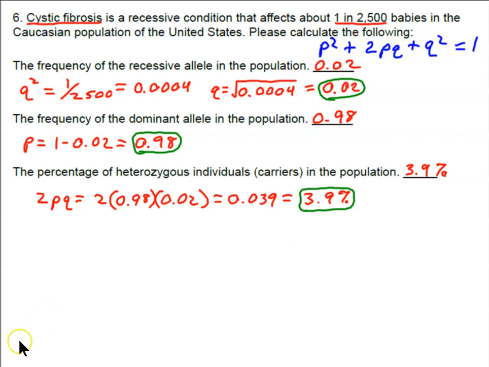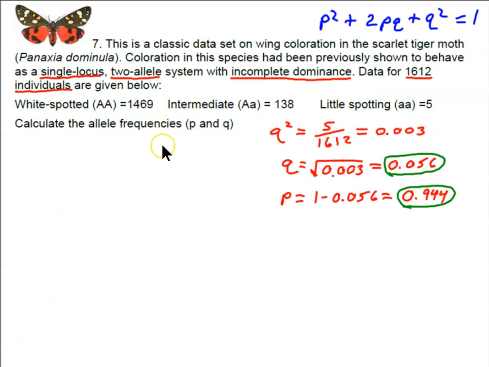All right, in this case, the only thing that makes this tricky is we're dealing with incomplete dominance, but don't let that throw you. A single gene locus here refers to the fact that this is a single gene trait with 2 alleles, but incompletely dominant. And this is supposedly real data.